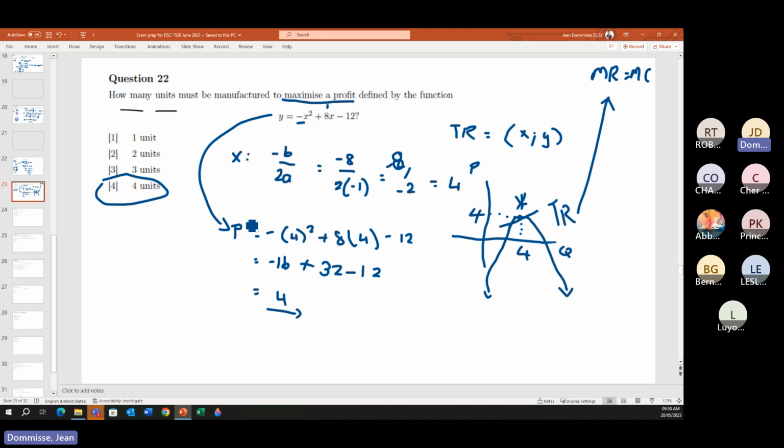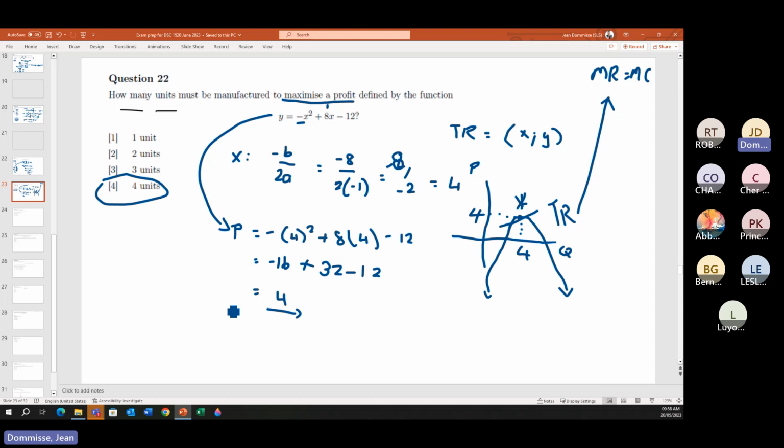So if I would have asked you in the exam to look at what the price is at that profit point, then that is how you would have calculated it.